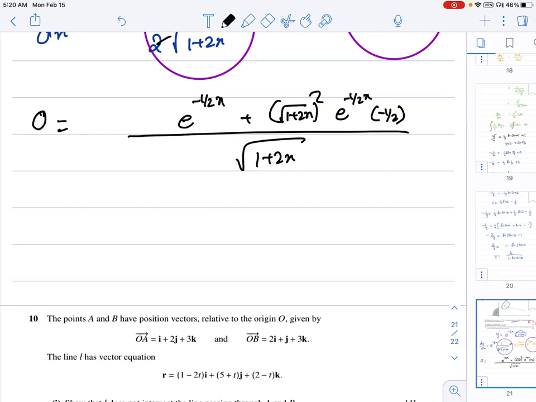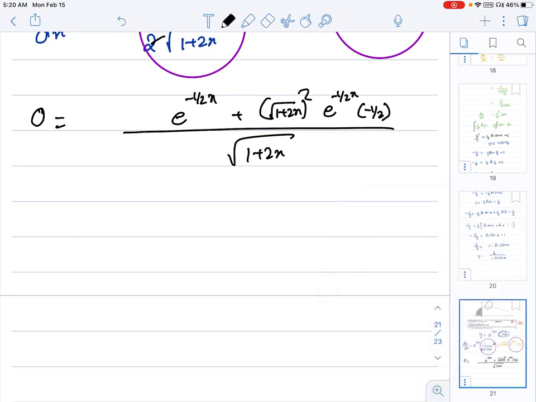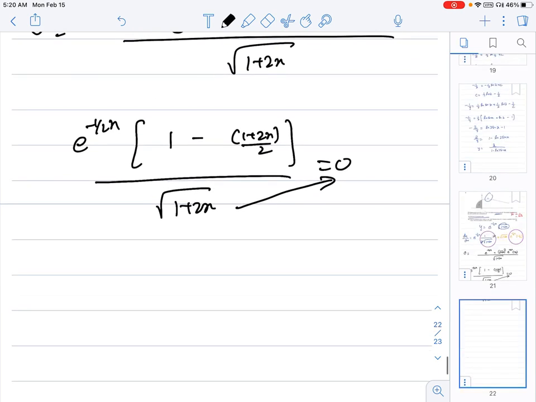Now what I do, e to the power of minus half x common, so 1 minus 1 plus 2x upon 2, divided by square root of 1 plus 2x is equal to 0. So 0 into anything is 0. So e to the power of minus half x times 1 minus 1 plus 2x upon 2 is equal to 0.